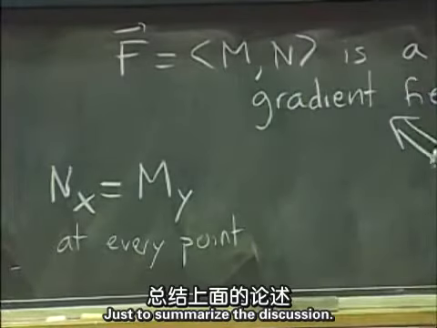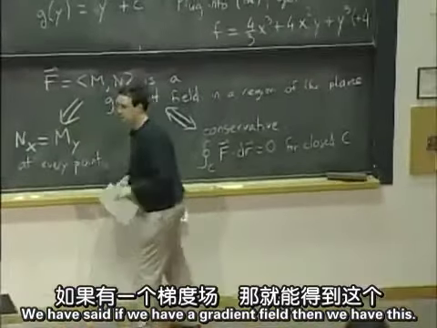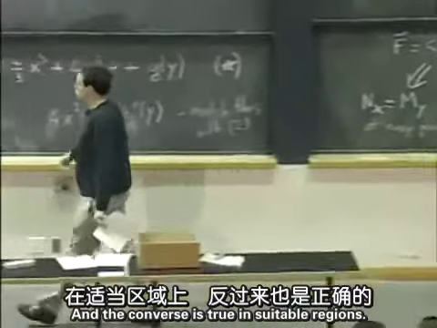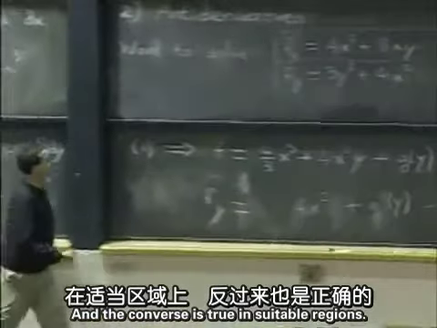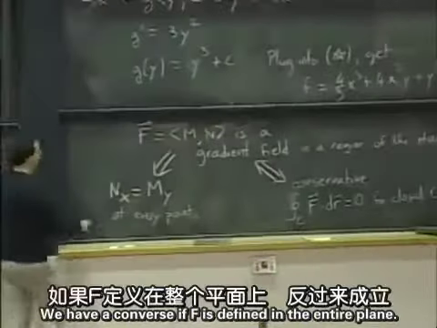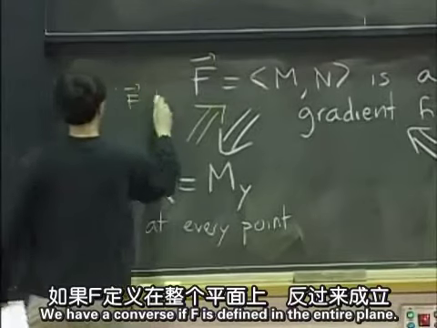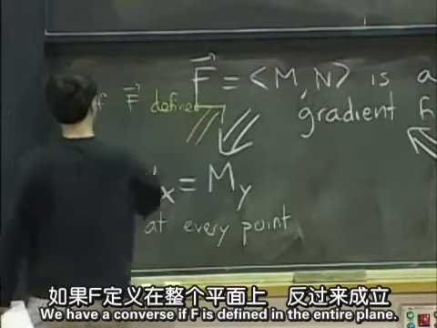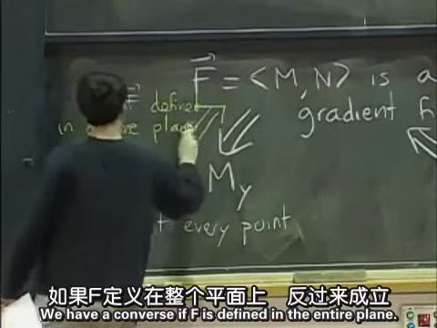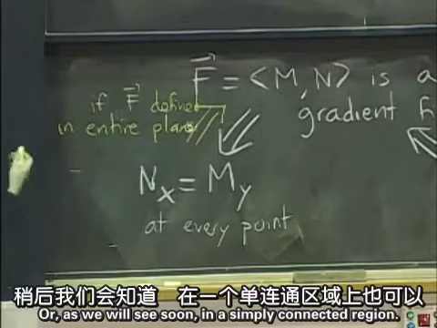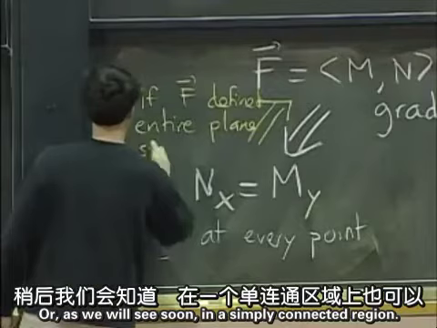So just to summarize the discussion, we've said if we have a gradient field, then we have this. And the converse is true in suitable regions. So we have the converse if F is defined in the entire plane, or, as we'll see soon, in a simply connected region.